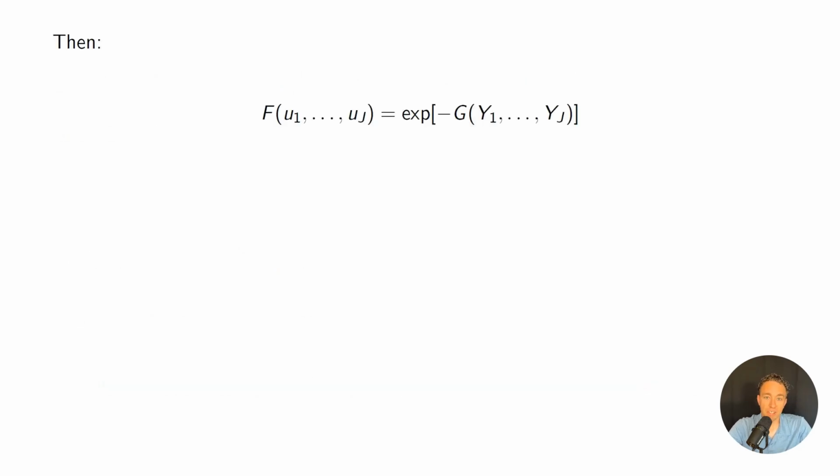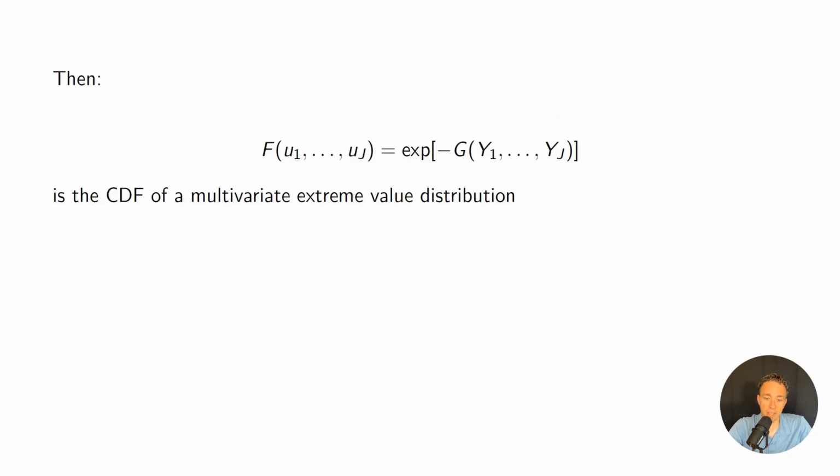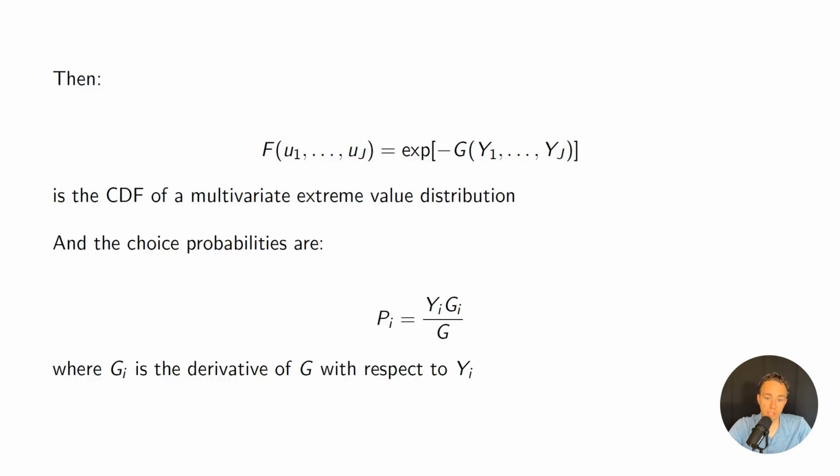If all of these things are true, then we can define a new distribution function that is e to the negative g. This would be the CDF of the multivariate extreme value distribution associated with whatever g function we come up with. And the choice probabilities associated with choosing the different options in this type of model would be given by y_i times g_i divided by g.